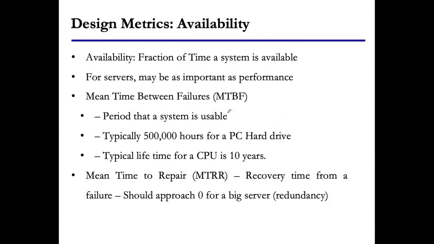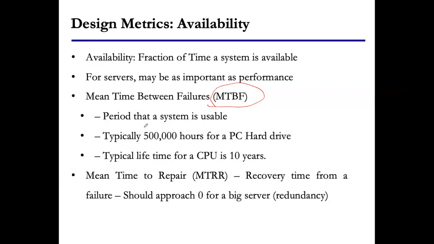Then another design metric is availability. Availability means the fraction of time a system is available. For servers, it may be as important as performance, but mean time between failure is more important for availability. Mean time between failure tells whether your system will be available or not.